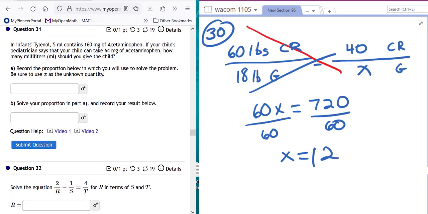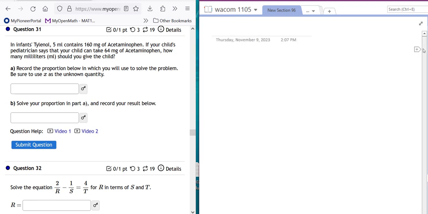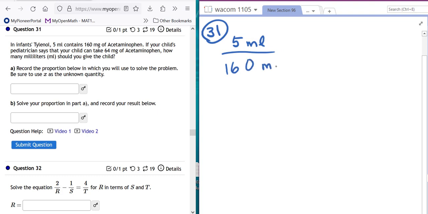All right, we can do one more since we had trouble. All right. So this is a med change in this one. All right. So we have 5 milliliters of Tylenol contains 160 milligrams of acetaminophen, right?